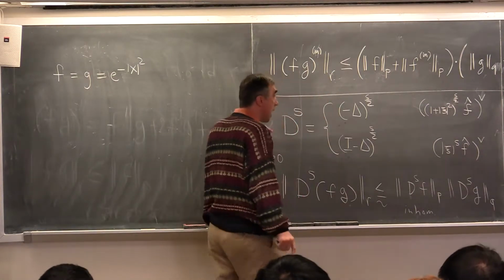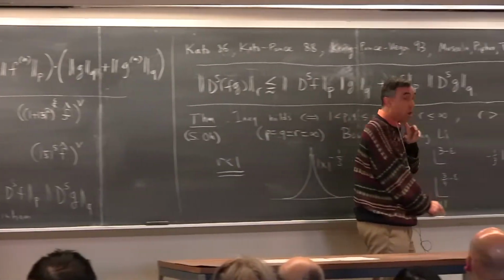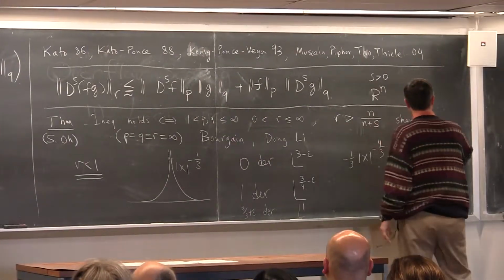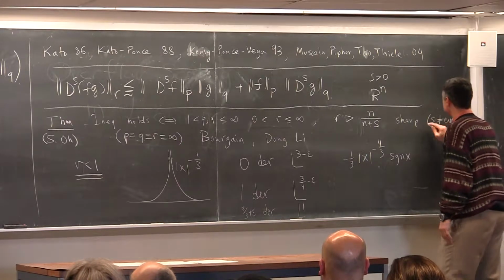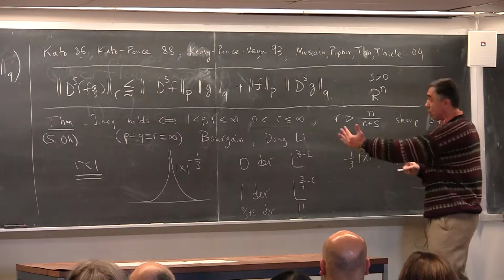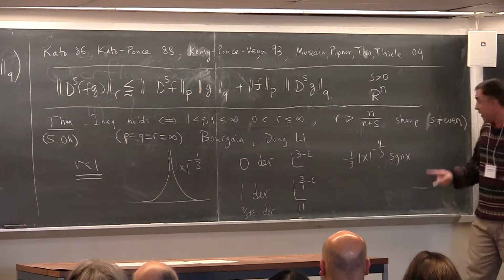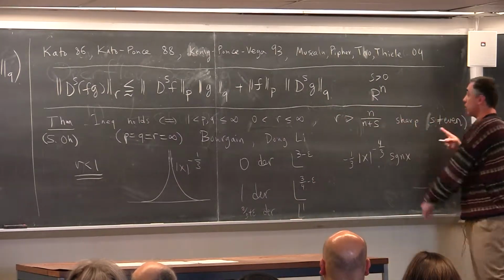And I'm sorry, the theorem is sharp, not always. It's sharp only if s is not an even integer. If s is an even integer, you can go all the way down to a half. But if s is not an even integer, it's sharp.